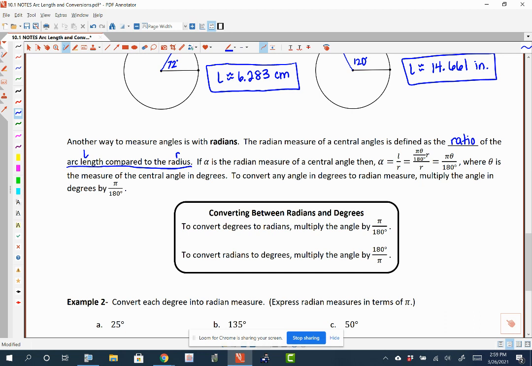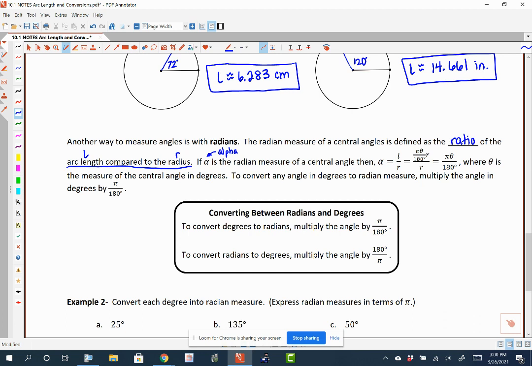So we get a new Greek letter right here. If you're not familiar, this is alpha, a lowercase alpha. If alpha is the radian measure, it's just standing for whatever measure it is, just like we have theta that represents things. This is just another representation. If alpha is the radian measure of a central angle, then we need to be able to make this proportion.